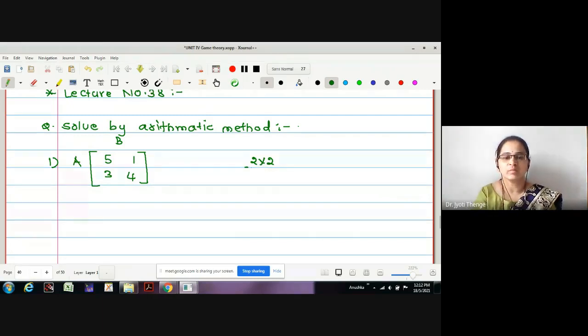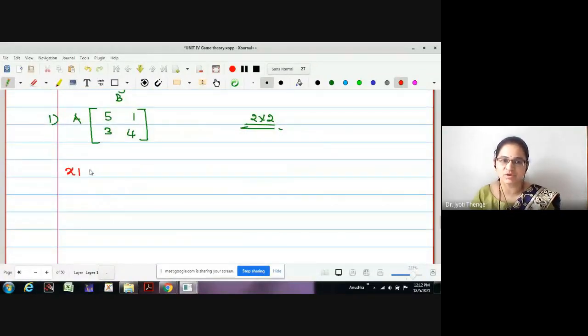Okay, now before going to solve it, let me write the formulas. Actually, we were not going to use the formula, we were going to use the trick, but still let me write it. x1 is (V22 minus V21) divided by (V11 minus V12 added with V22 minus V21).